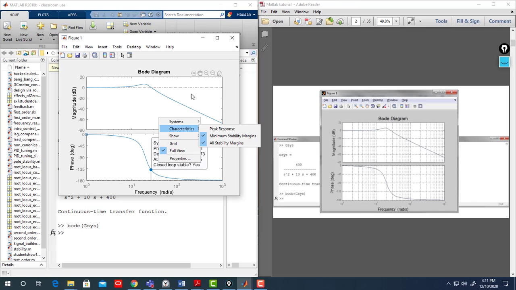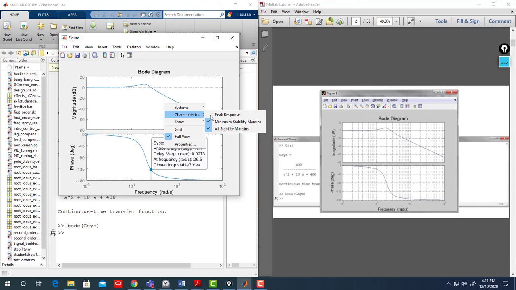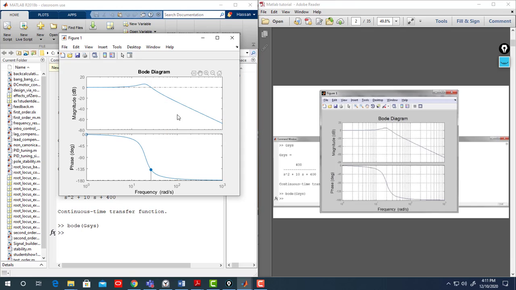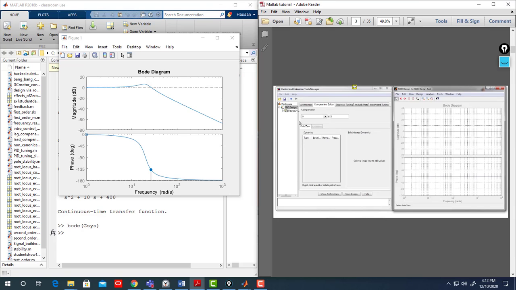Why is this the minimum? Because infinity compared to 41.4, the other one is the minimum then. So if you take it over and say all stability margin, it's the only one you have. Okay, the system is stable. Let's see what else is in the tutorial.